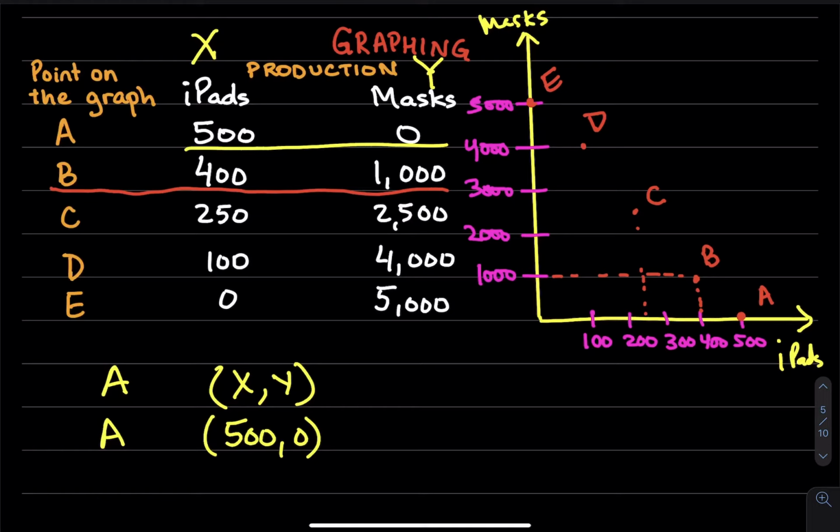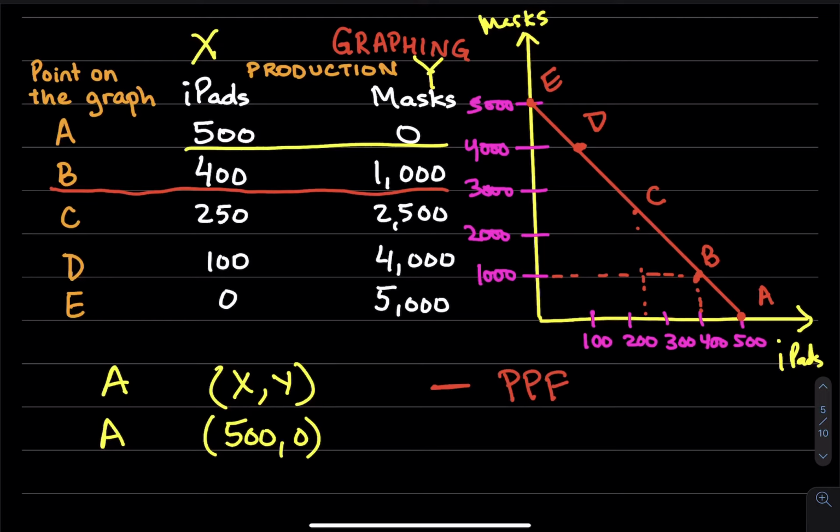Okay, so what we want to do now is join these 5 points. Not bad. Point B is actually here, D is here. We've joined these points, and this red line that we see is called the production possibilities frontier. Whoa, we've done it.